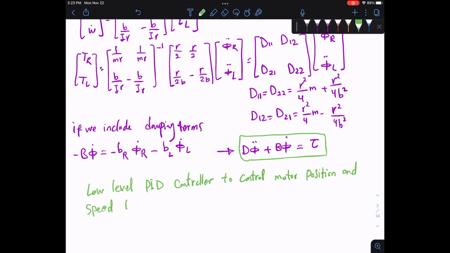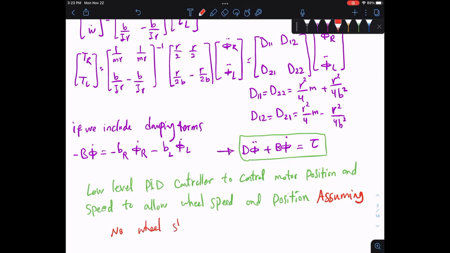This is important to allow wheel speed and position. Position, that's the kicker here. I'm going to write with Ray, assuming no wheel slipping. Yes.